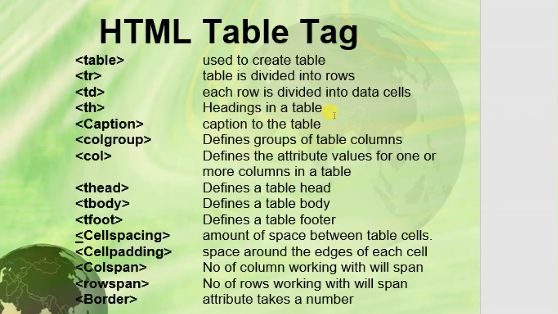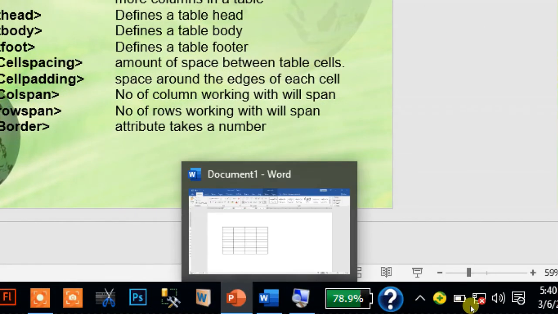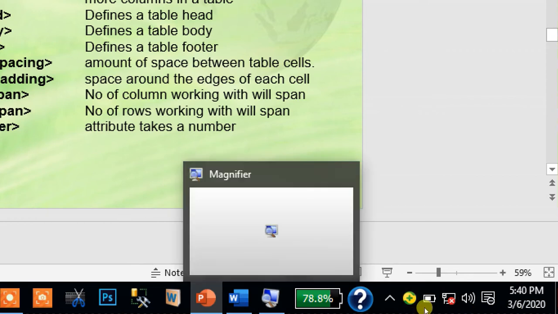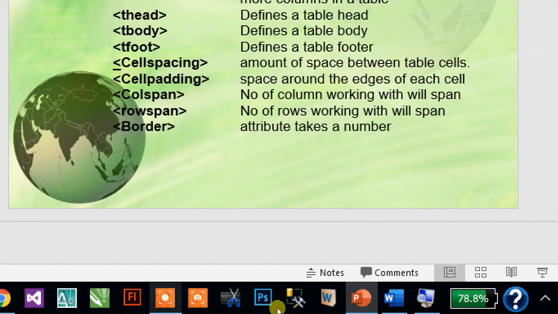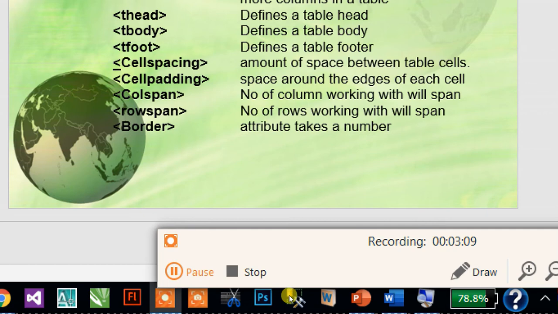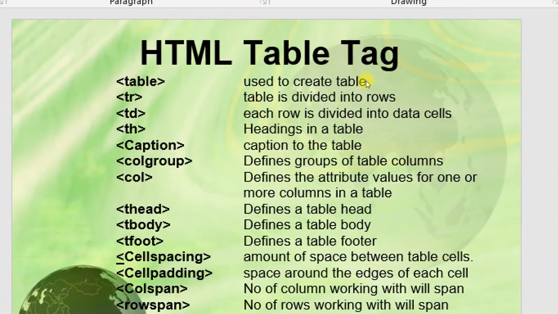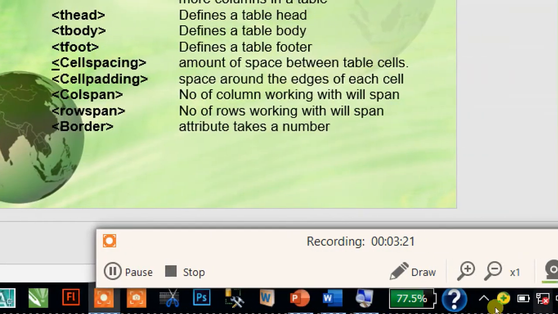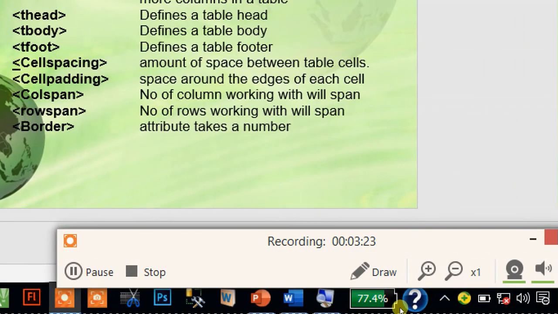TD, what is it? Table data. TD stands for table data. Each row is divided into data cells. What are cells? Cells are like this type of box.